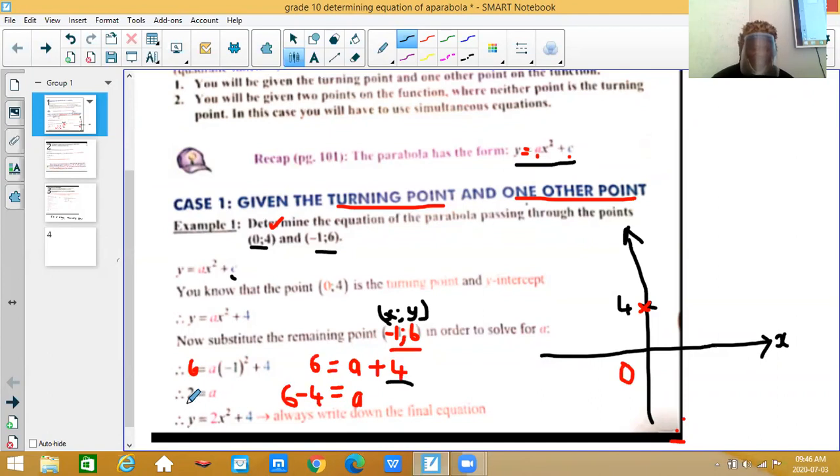Now that we have got the value of a is 2, we can confidently write the equation. The equation of this one is y is equal to 2x squared plus 4. That is the equation that we want. Are you following? Great. Any more queries on that?